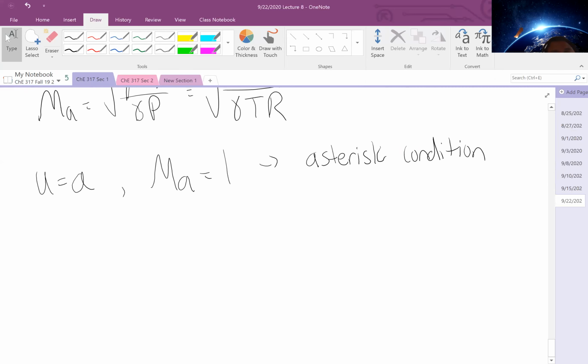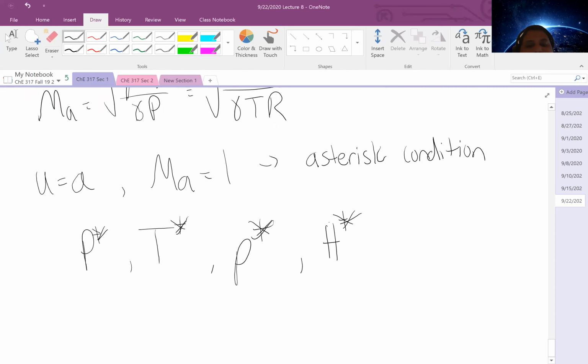And we denote the properties of the fluid at the asterisk condition using asterisks, because we're very clever. So a property that's given these monikers indicates that that's the pressure, temperature, density, and enthalpy of the fluid at its asterisk condition.